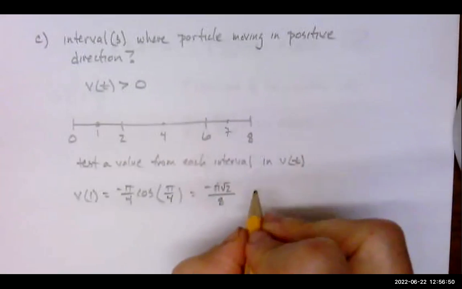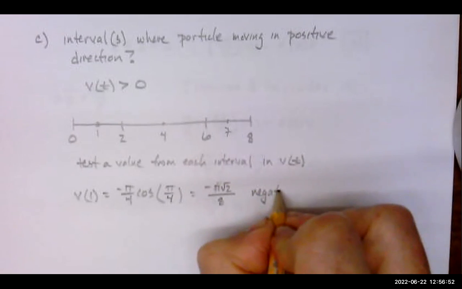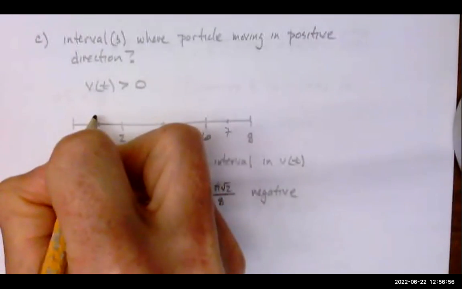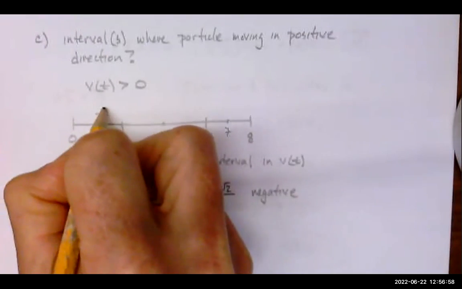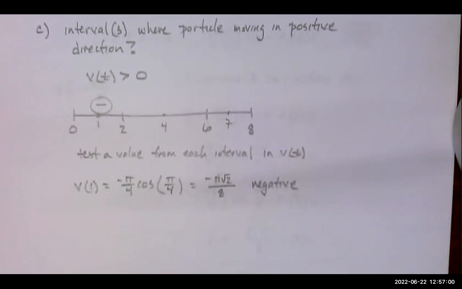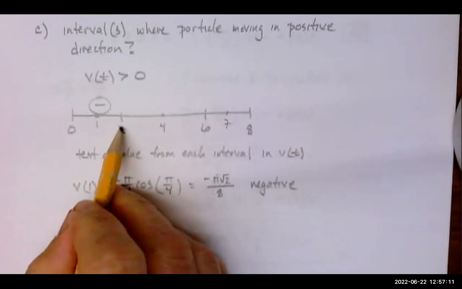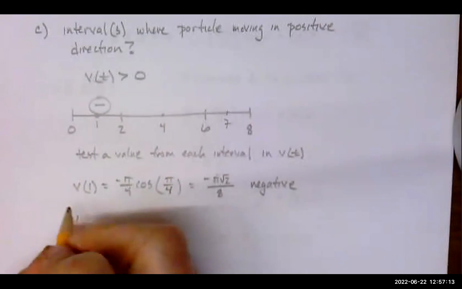So that is going in the negative direction. For the first 2 seconds, if the particle starts at the origin, then it's moving to the left. But then at 2 seconds, it's going to slow down and come to a stop.